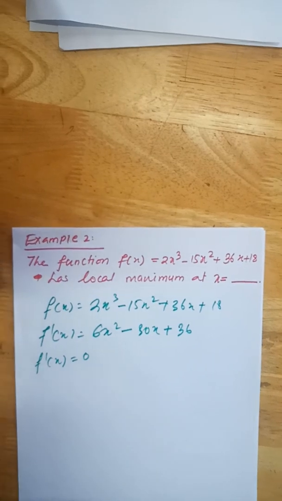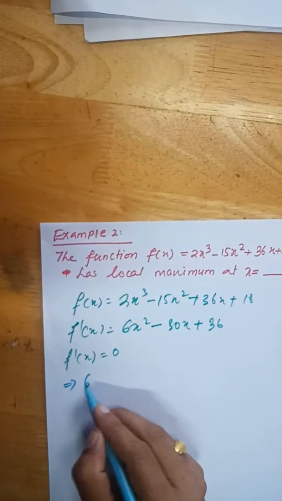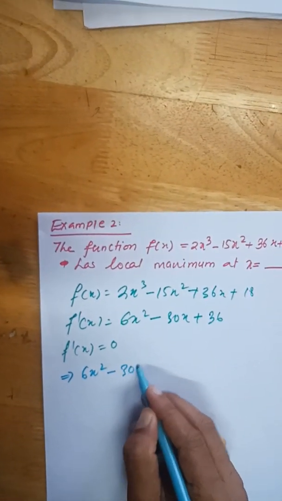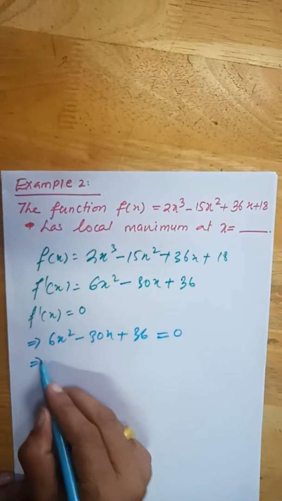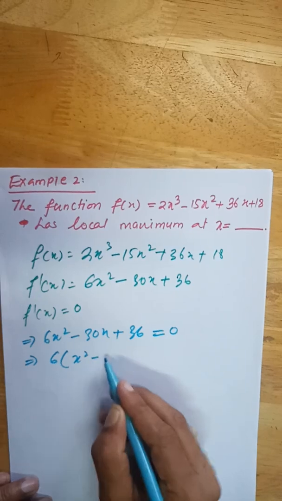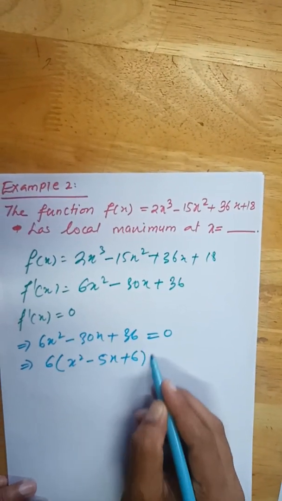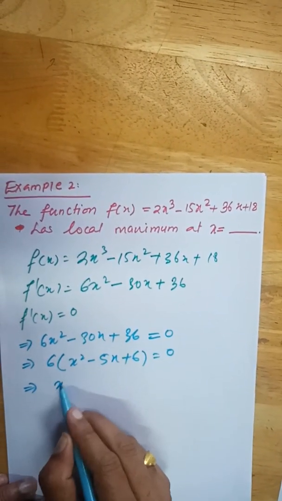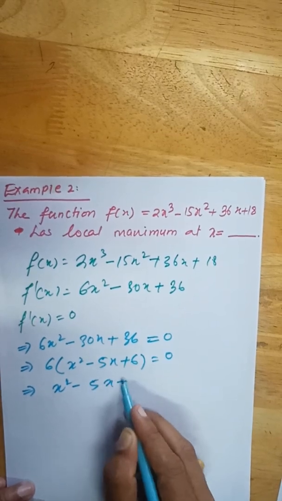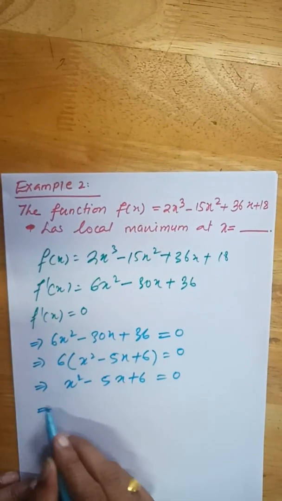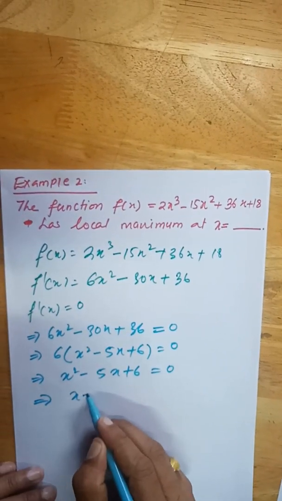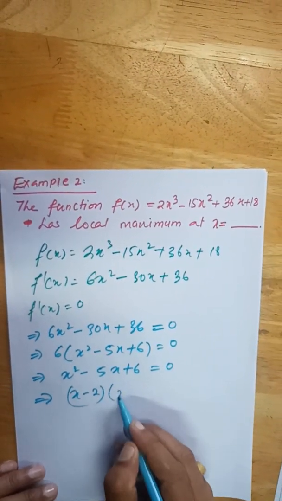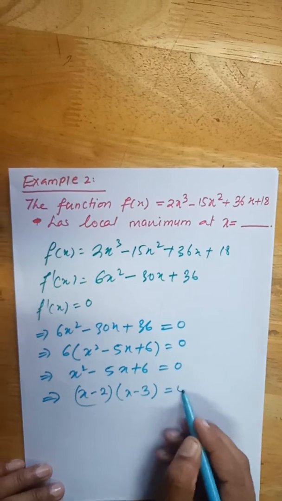Which implies that 6x square minus 30x plus 36 is equal to 0. You can take 6 common, x square minus 5x plus 6 is equal to 0. You have to factorize this, so it's going to become x minus 2 and x minus 3 is equal to 0.